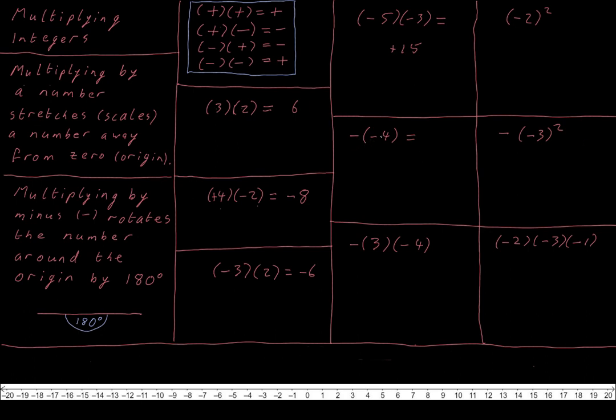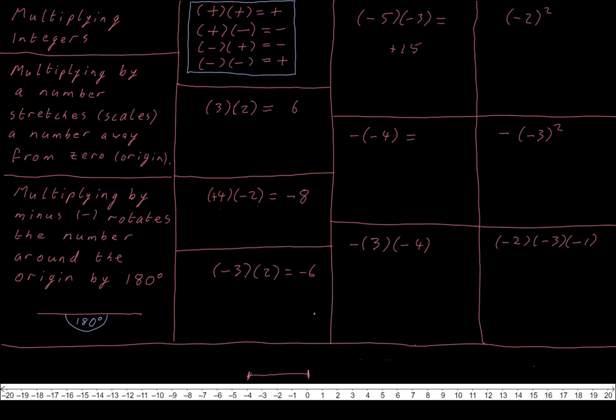But in general, we can still use our rule, or we can use our drawings here. So we'd have minus 4. So we'd start down at minus 4, and we'd multiply by a minus. So this time we don't need to worry about multiplying by a number, or you can think about multiplying by 1 if you like.